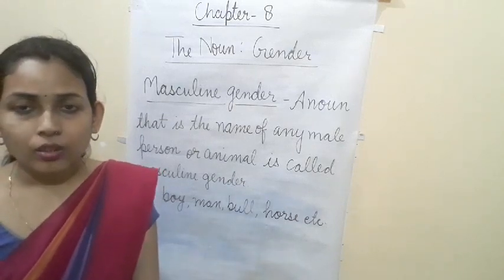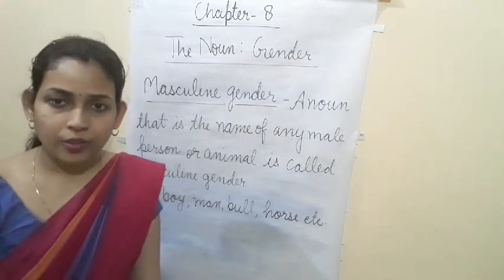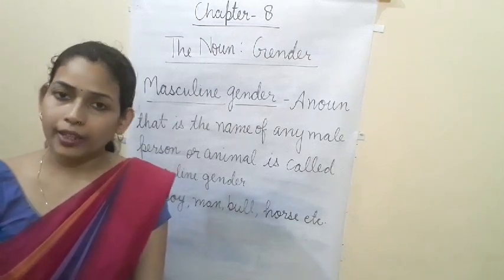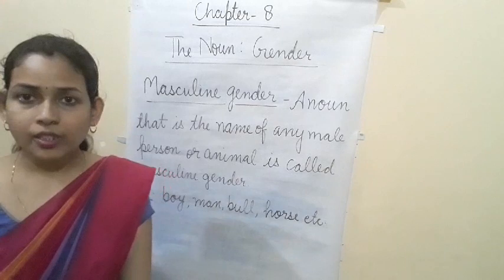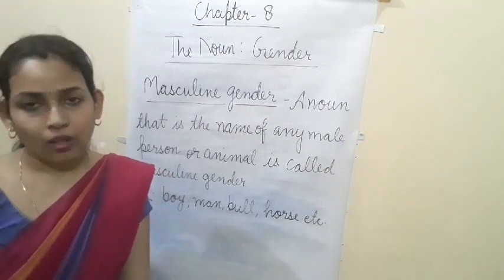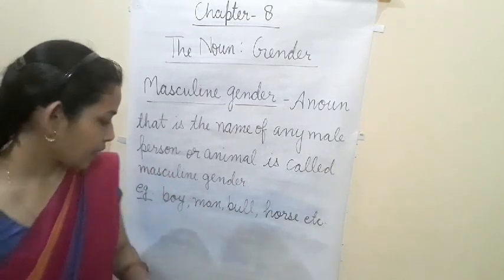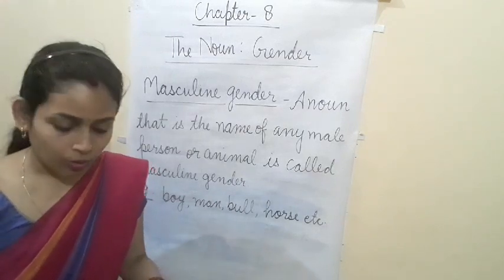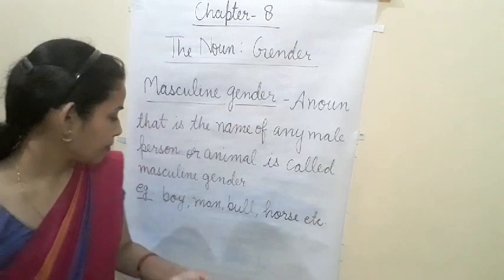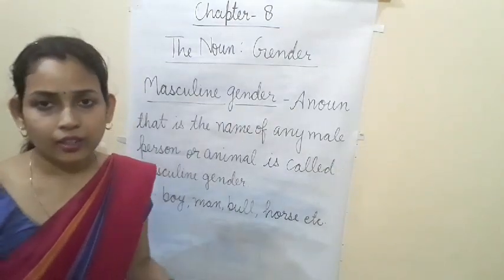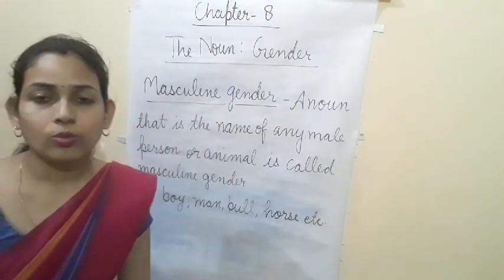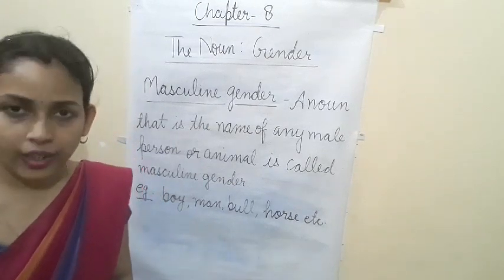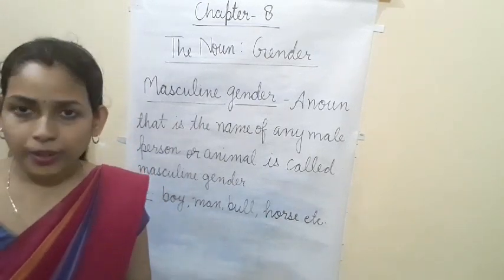Clear? So what is masculine gender? It refers to the male person or male animals, that is called the masculine gender. I hope masculine gender is clear already. Okay, move to the next topic, that is feminine gender.